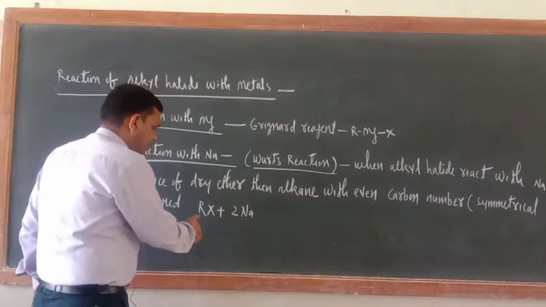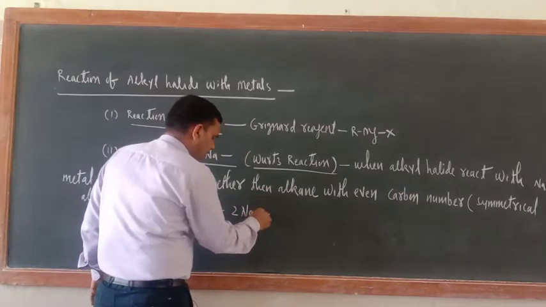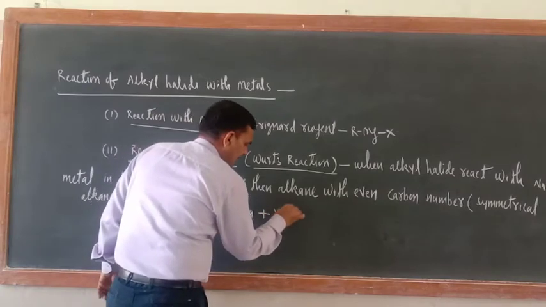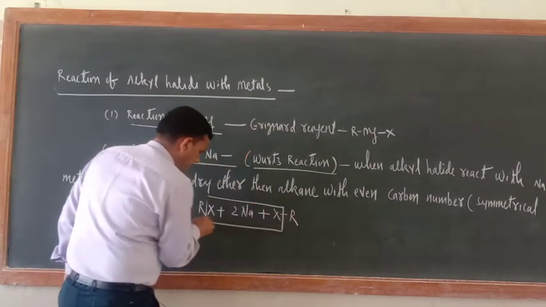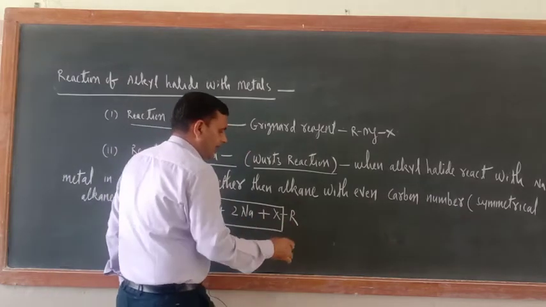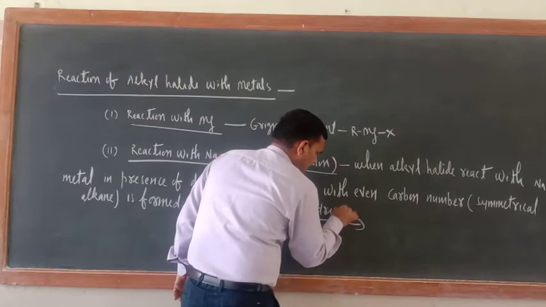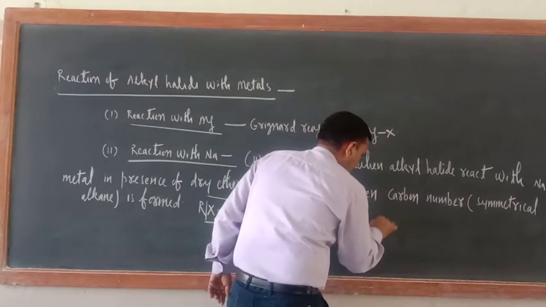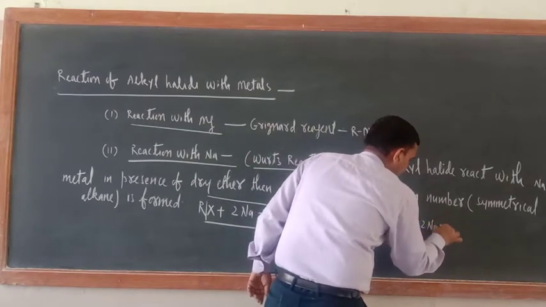Just see, RX, that is the alkyl halide, with sodium. Actually you have to take two molecules of alkyl halide, so X and R here, with 2Na, and 2NaX will come out. Here take dry ether. Then what is the product here? R-R plus 2NaX.